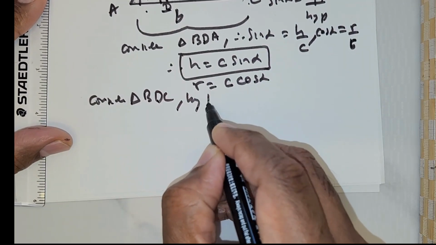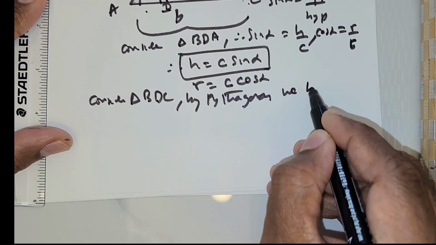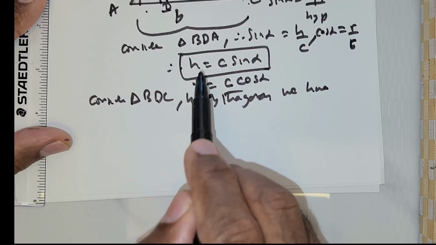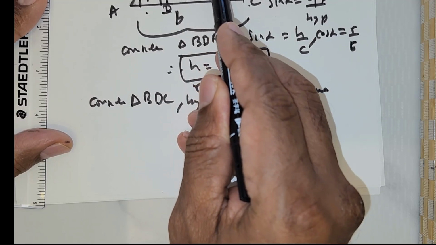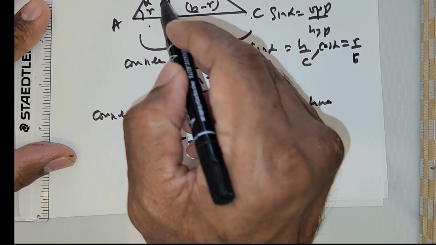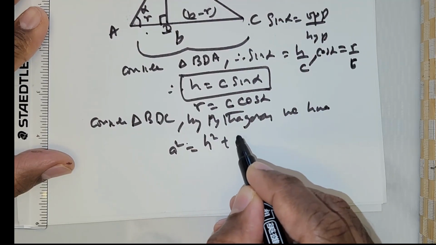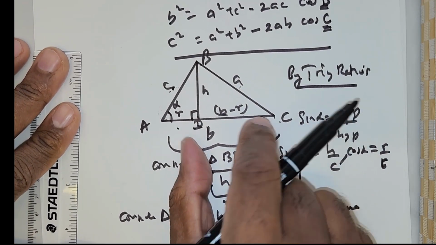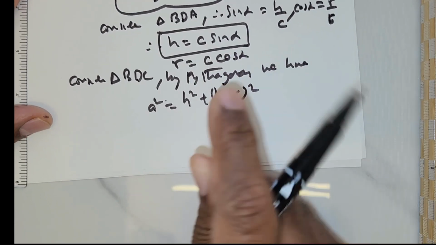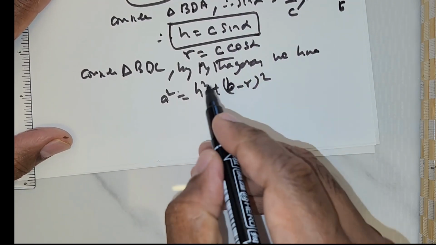By Pythagoras, the hypotenuse squared is equal to h squared plus the distance b negative r, squared. So this is what I've got. These are the relationships I established.